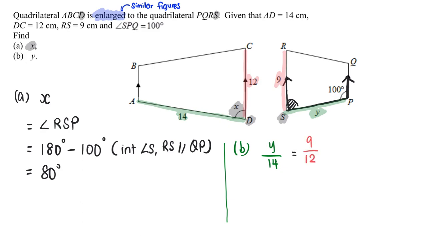That will allow us to find my y, because all I have to do is to multiply by 14 on both sides. I will be able to find the value of y easily, 10.5. Okay, so in this case it's 10.5 cm. And we are done with this question. Let's move on to the next question.